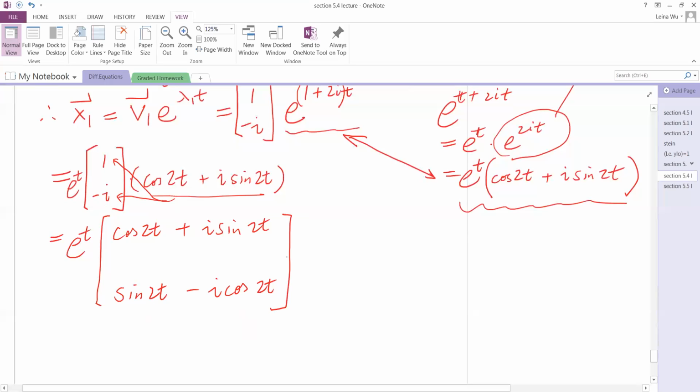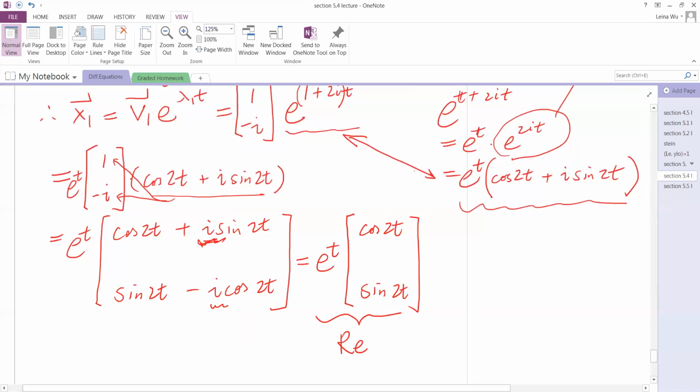All right, so let's split. You see the imaginary part, which is after i. This will be the imaginary part. This will be the real part. Let's split that into two. So e to the t times cosine 2t, sine 2t. This is the real part, right? The imaginary part will be i, pulled out, and you still have e to the t.